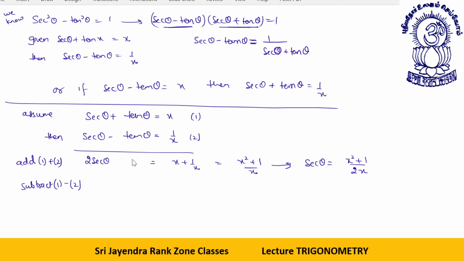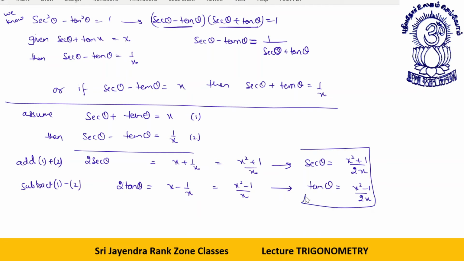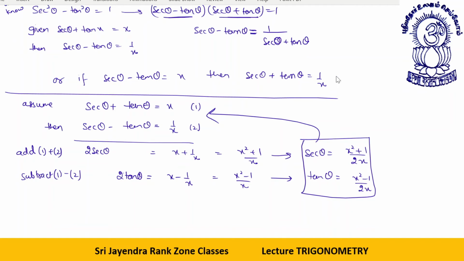Sec minus sec, tan minus minus tan will be 2 tan theta. 2 tan theta is x minus 1 by x, or I can say this is equal to x square minus 1 by x. This implies tan theta is equal to x square minus 1 by 2x. This is the result which you need to memorize after these two things. One thing done.